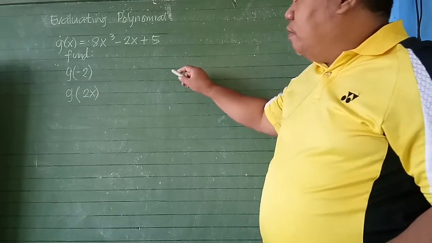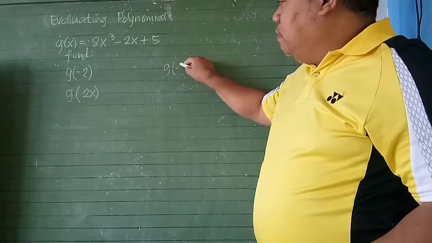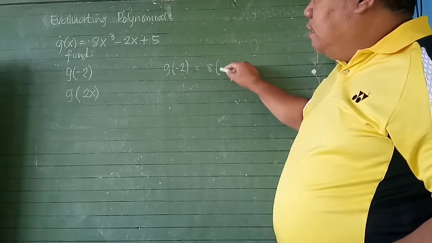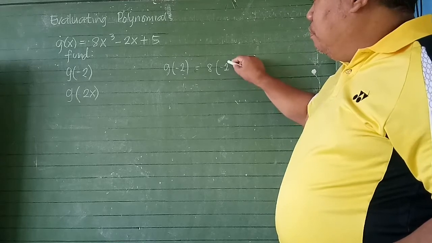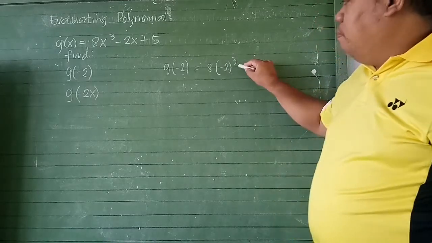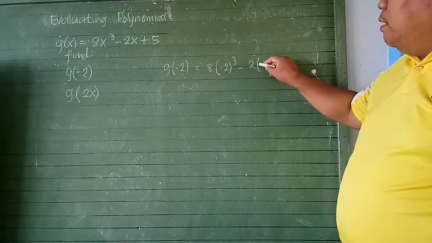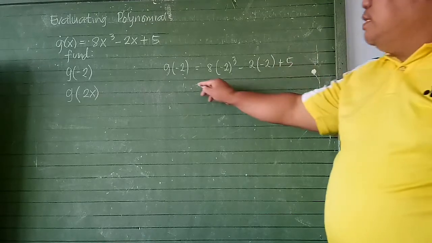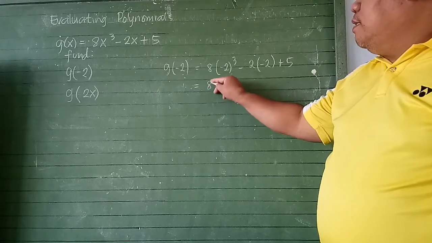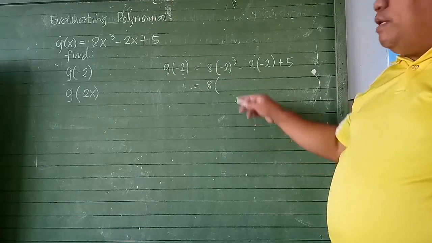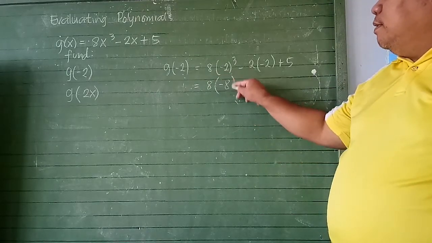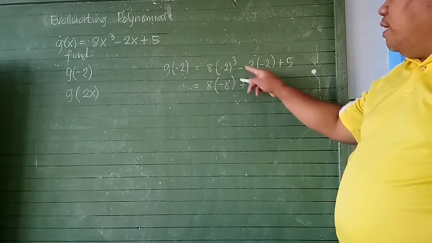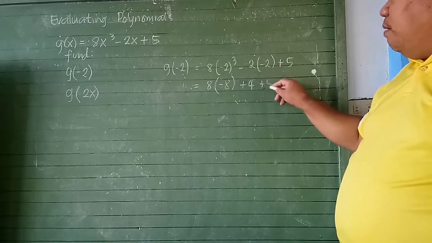So let's begin. For g of negative 2, we have the equation 8 times negative 2 cubed, minus 2 times negative 2, and then plus 5. The cube of negative 2 is negative 8, so this is 8 times negative 8 minus, or rather this is positive 4 because negative times negative, then plus 5.